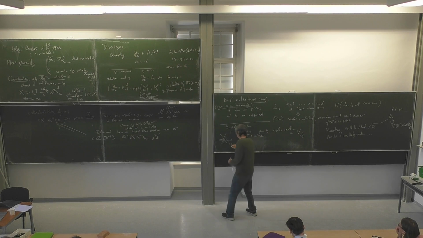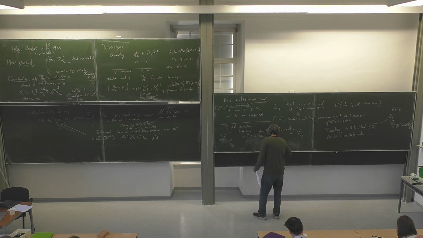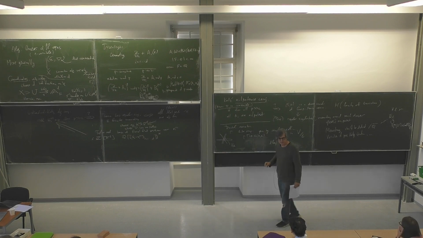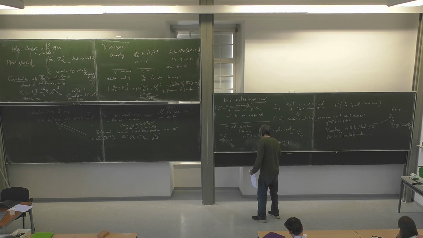You take d log of the equation of a hyperplane, and for this hyperplane you take the corresponding rho of the corresponding reflection.